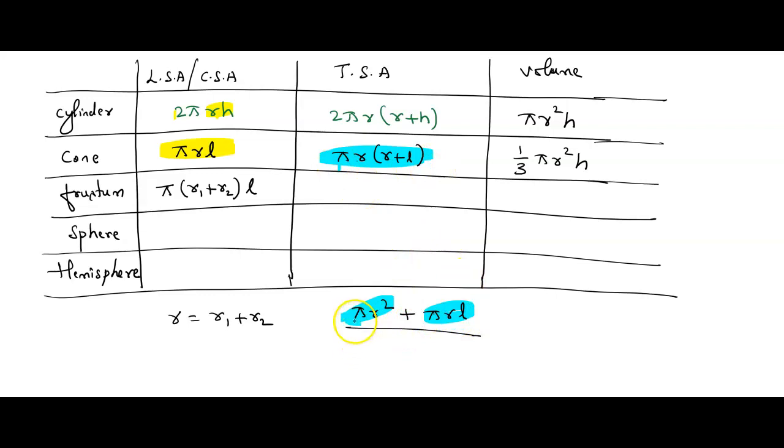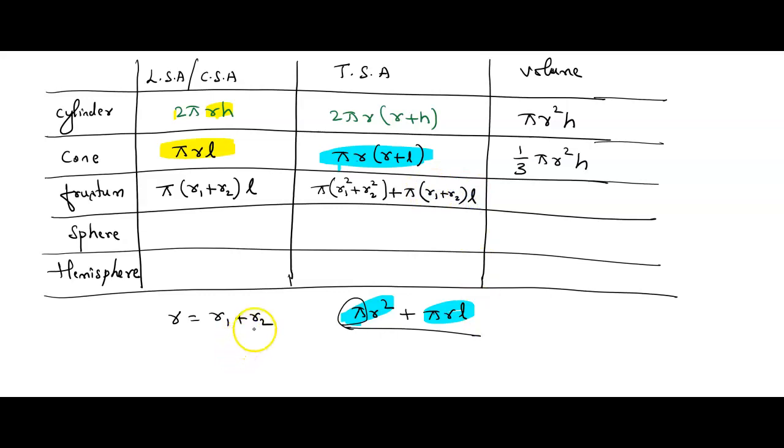Are you getting this, children? We multiplied both the values. Now write pi as it is. Instead of r we write r1 plus r2. Here is r square, so we write r1 square plus r2 square, close the bracket, plus pi into r1 plus r2, l as it is.